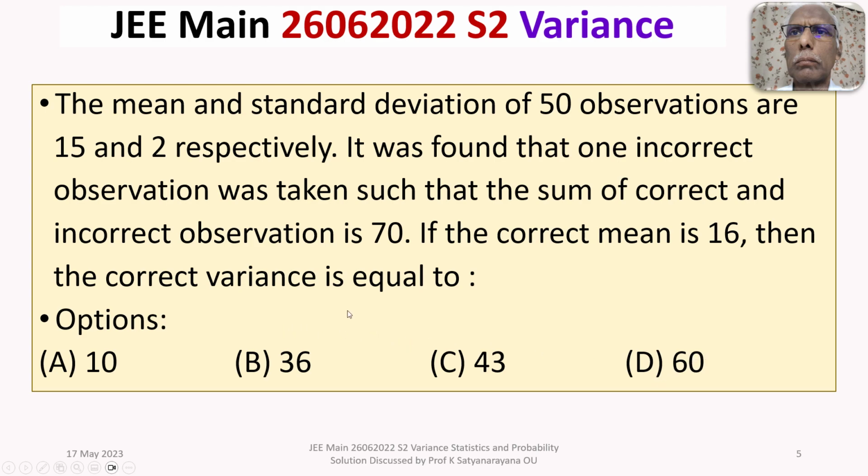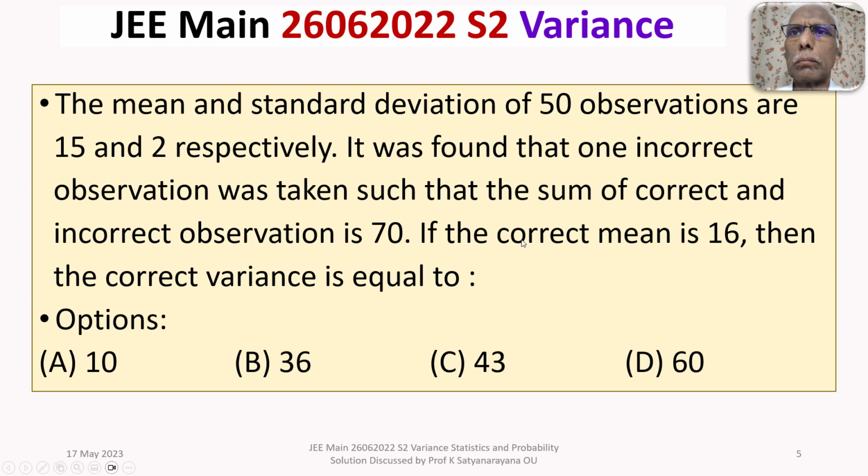We are given the mean and standard deviation of 50 observations to be 15 and 2 respectively. It was found that one incorrect observation was taken such that the sum of correct and incorrect observation is given to be 70.